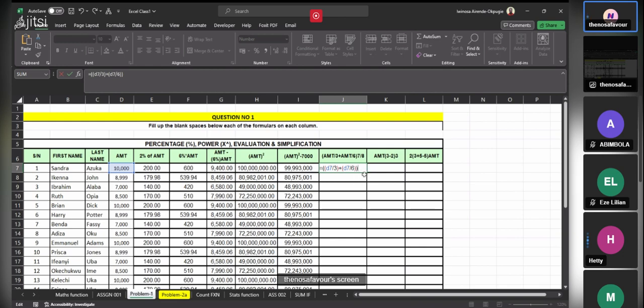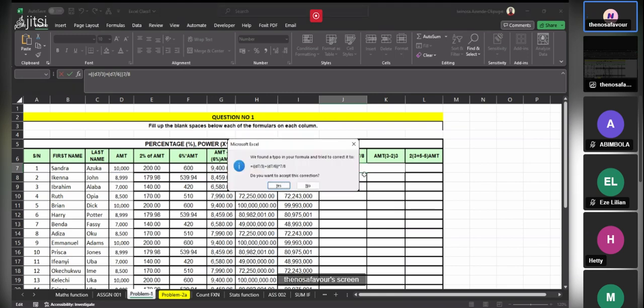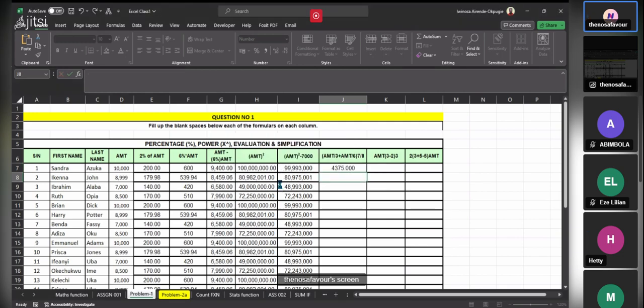And close, 7 divided by 8. So you missed out the multiplication. Yes. And voila, we got our answer.